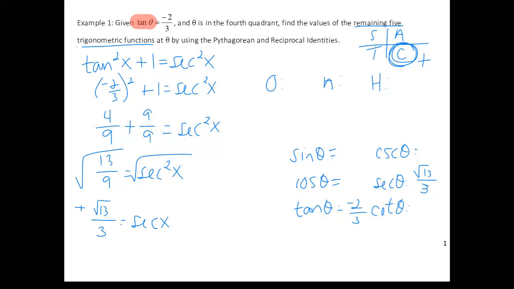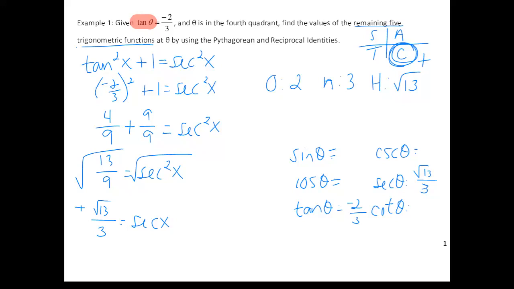So tangent, if you recall, is the TOA, opposite over adjacent. So in this case, the opposite would be 2, the adjacent would be 3, which means kind of by default that it would make sense for root 13 to be the hypotenuse, which is correct because secant is hypotenuse over adjacent.